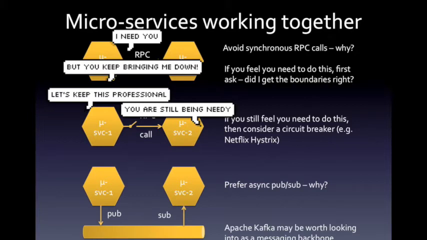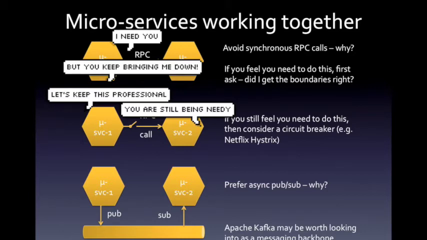This is probably the final approach here, and probably the preferred approach. It's asynchronous. It's a pub sub model. And we're using an intermediary, in this case a messaging backbone, that we can publish interesting information to.